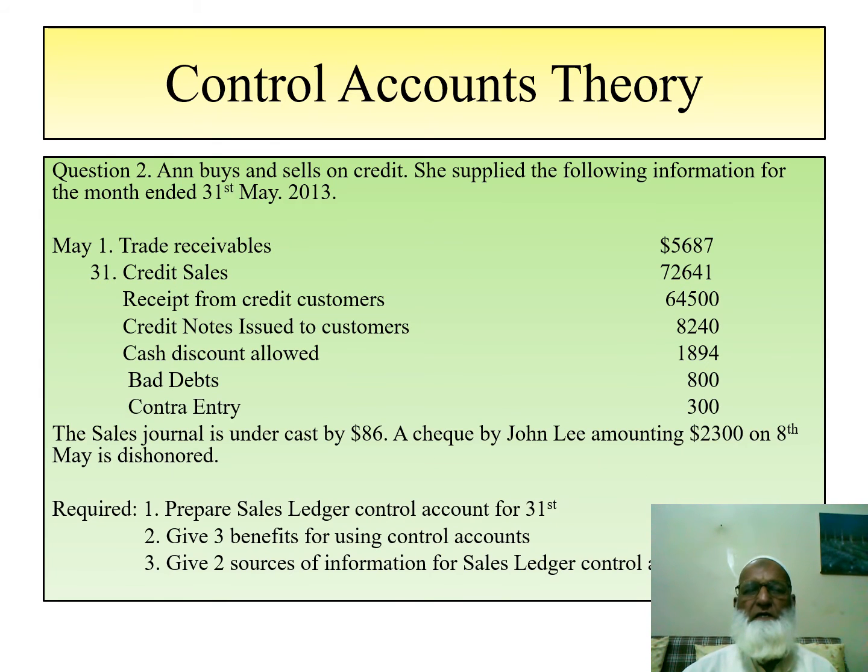Here is the second question. Anne buys and sells on credit. She supplied the following information for the month ended 31st May 2013. On 1st May, she had trade receivables of $5,687, and during the month, she had the following transactions.